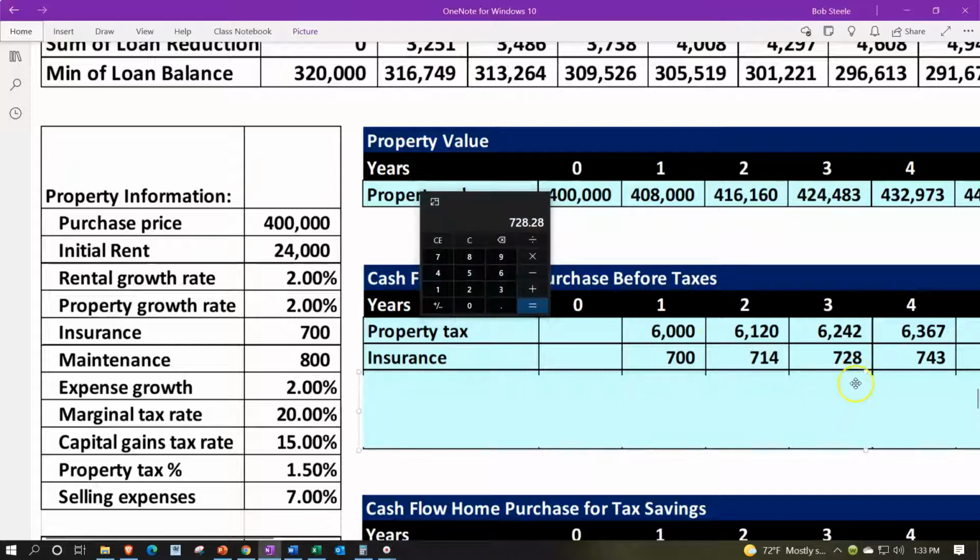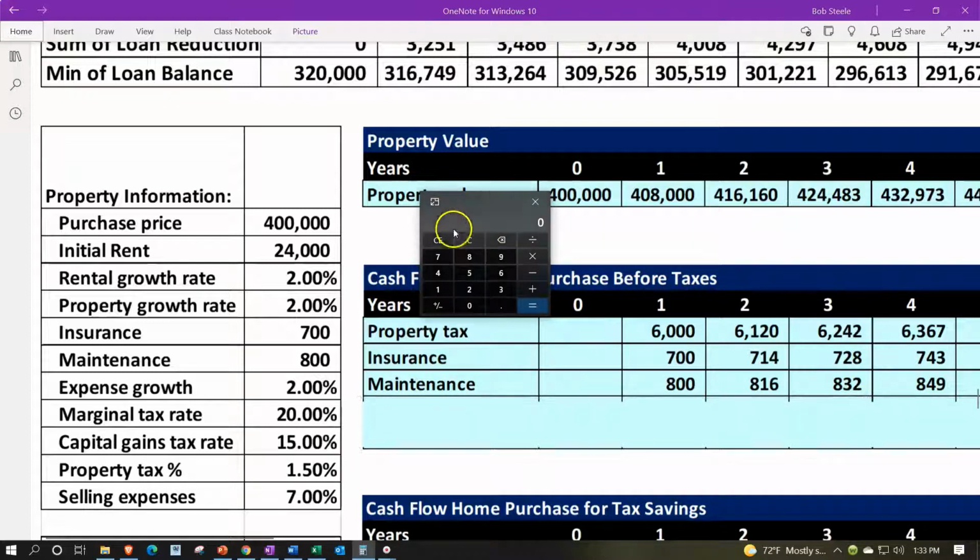So the expense is going up by inflation. Same with the maintenance. If maintenance started off at $800, it's going to then be 800 times 1.02, or 816, times 1.02, which is going to be 832, and so on.